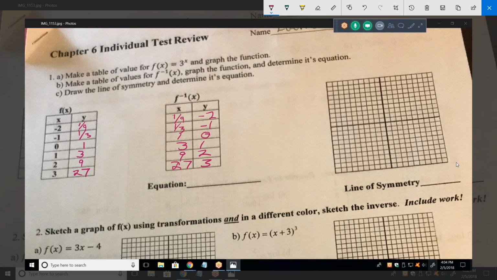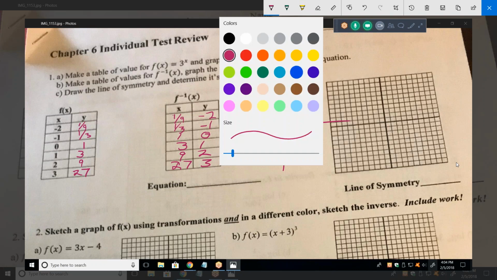Graphically, if I have a function like that, remember what the inverse is.